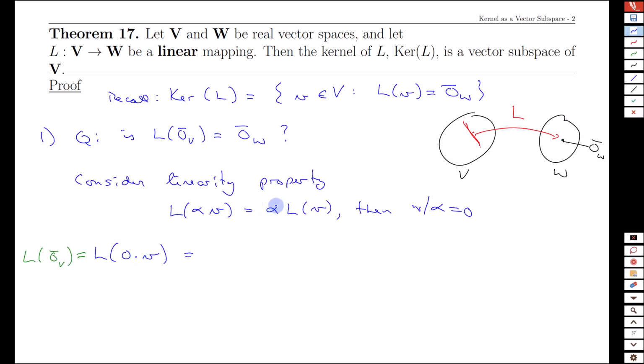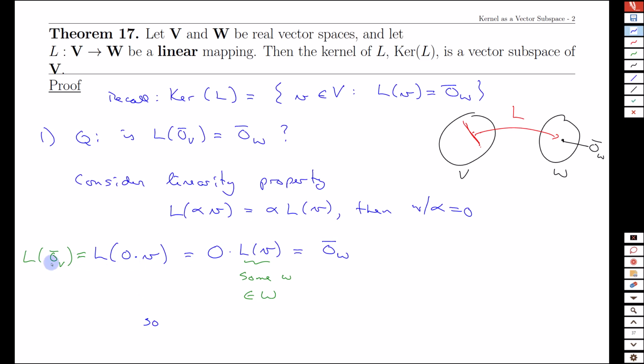This linearity property, though, lets us bring the 0 outside, and this is some vector V, sorry, this is some vector W in our output space. So we took some random point here, we mapped it to some random point here, but then we're going to multiply it by 0, and that definitely gives us the 0 vector in the W space, because 0 scalar times any vector gives us the 0 vector in the output space.